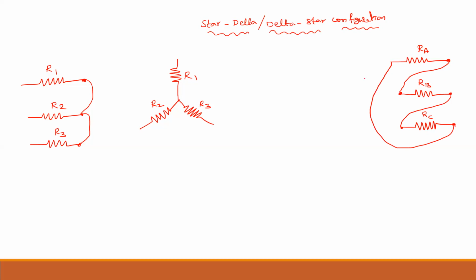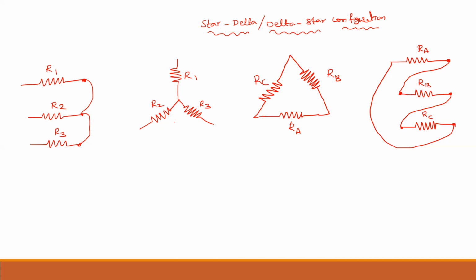This is your delta connection. The circuit elements are connected to form a closed loop for the delta. This is RA, here it is RB, and here it is RC.